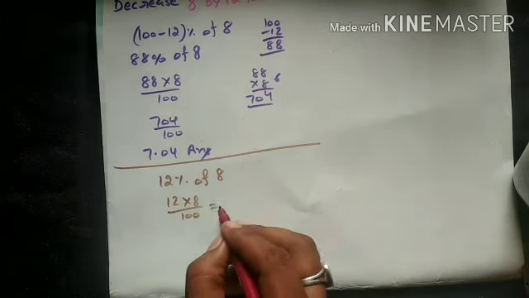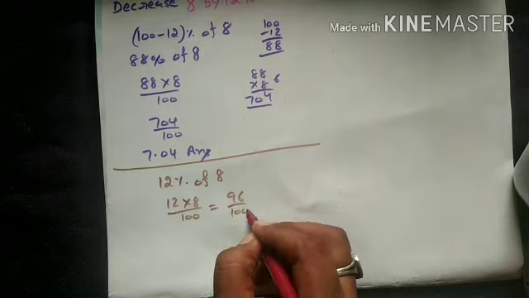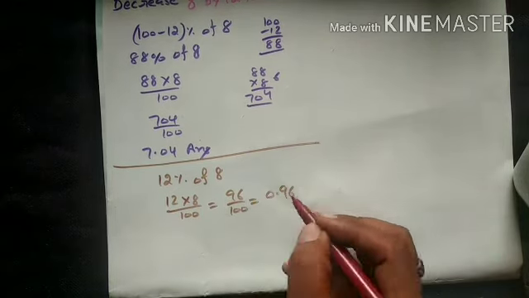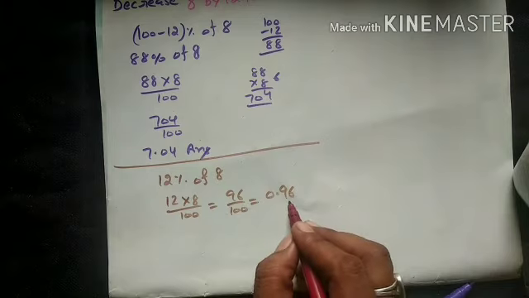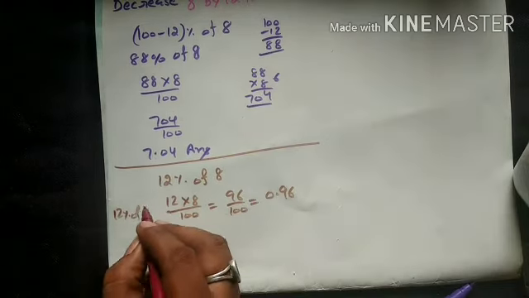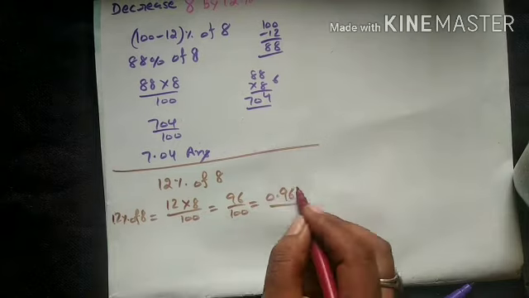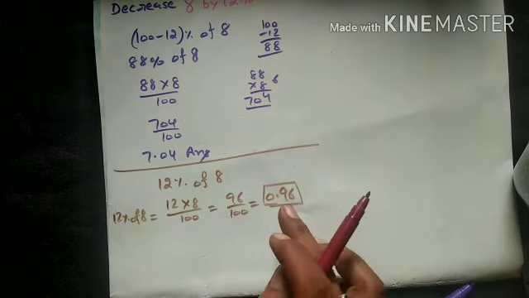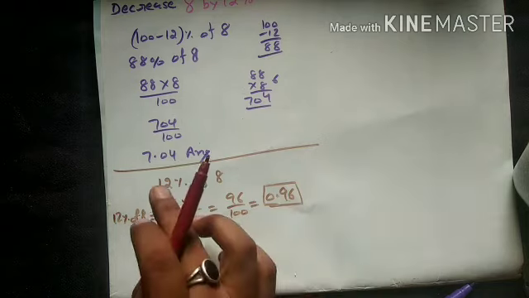So this is 96 over 100. Okay student, now what is the answer? 0.96. Now this is the 12% of 8. Now I have to subtract this 0.96 from 8.